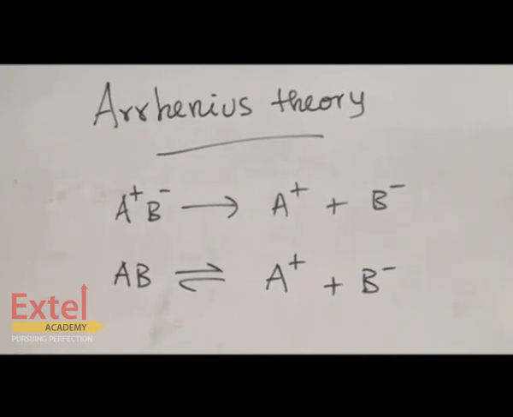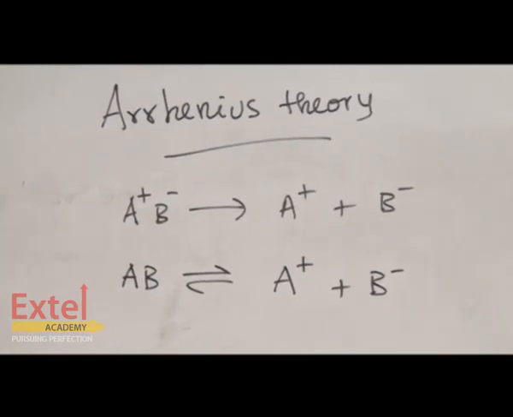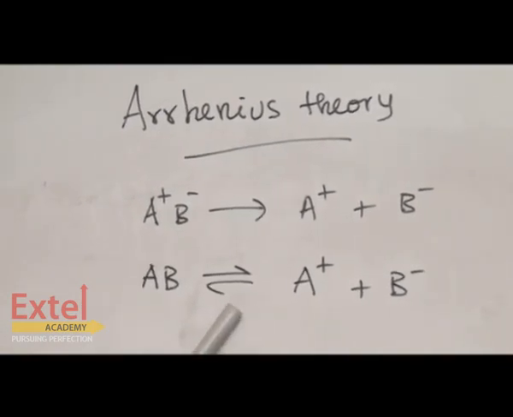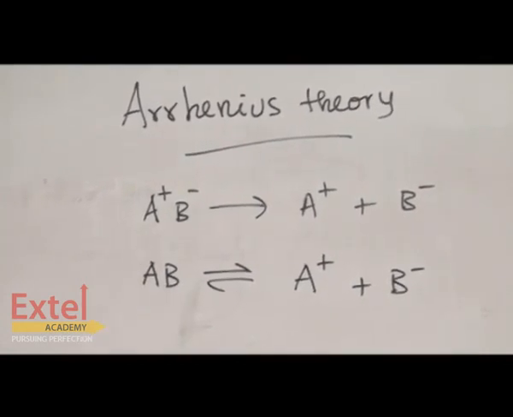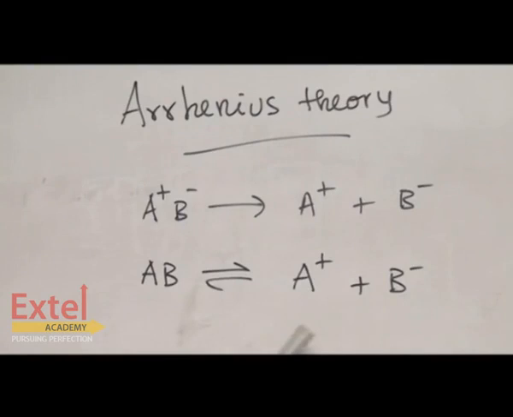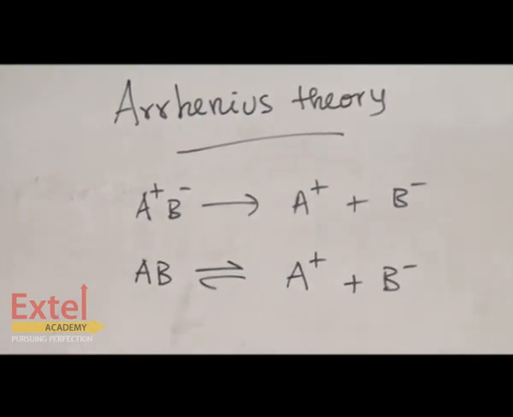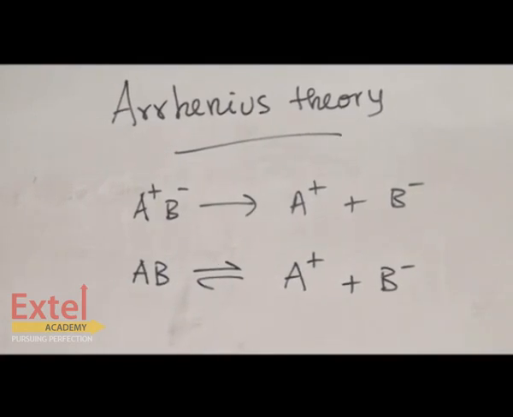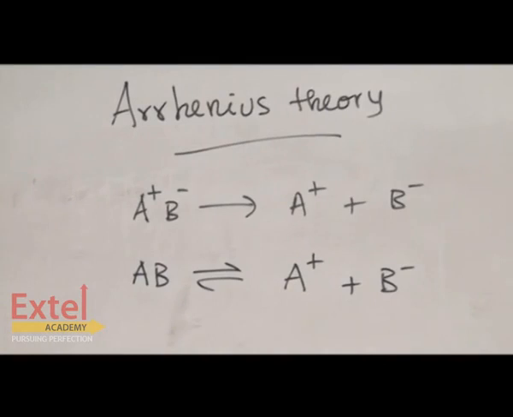Not only a reversible reaction, it represents that it's a weak electrolyte. Whenever you put this kind of symbol, it indicates that you have undissociated salt as well as dissociated ions. You have both of them in the medium. Both the undissociated AB and dissociated A plus and B minus.